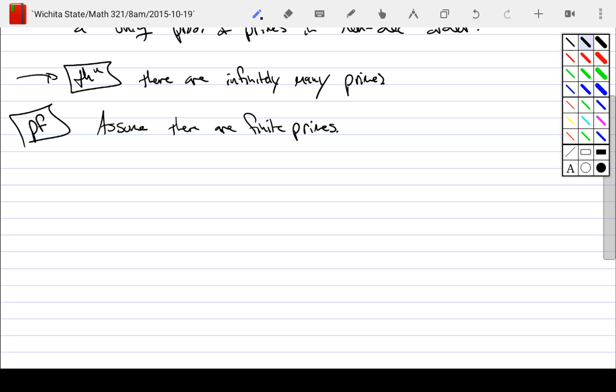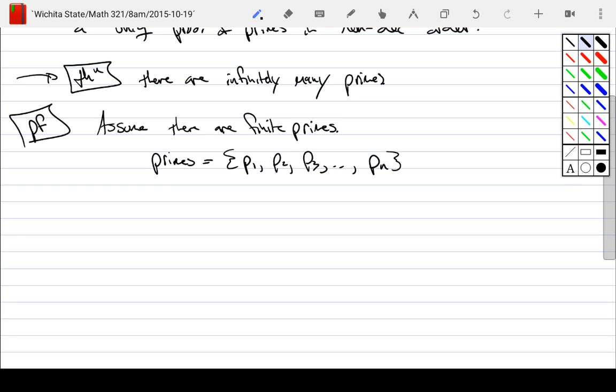Assume there are finitely many primes. Well, if you believe there's finitely many primes, the primes themselves have to be simply prime 1, prime 2, prime 3, up to prime n. Notice I'm not saying what the primes are. People can try to put them in order, 2, 3, 5, 7, but I'm not assuming any order. I'm just saying that there's a finite number of them.